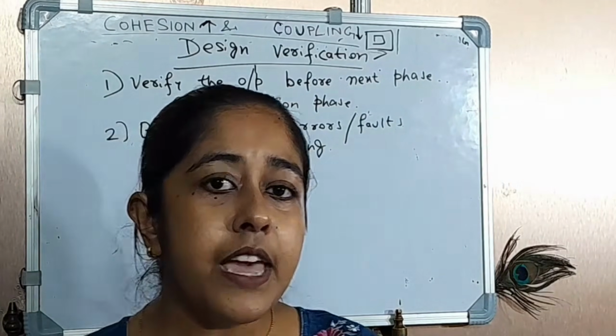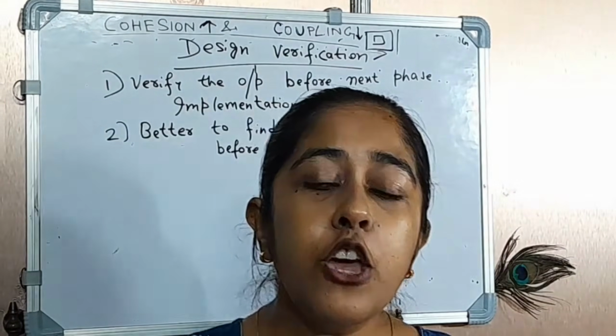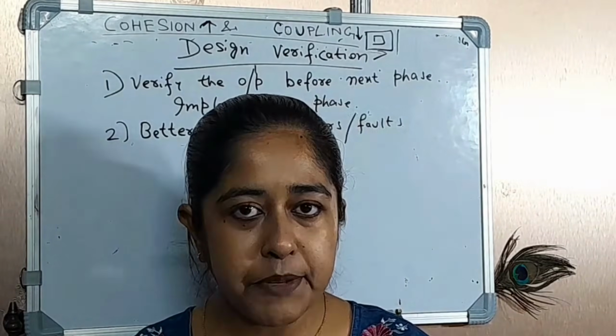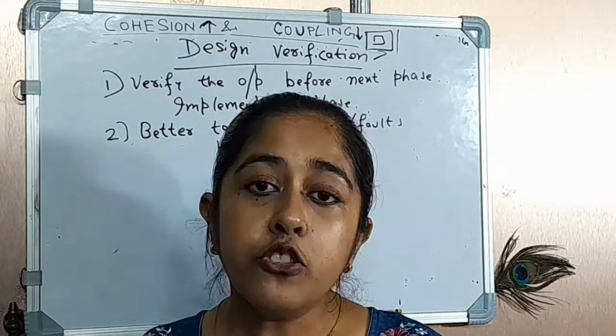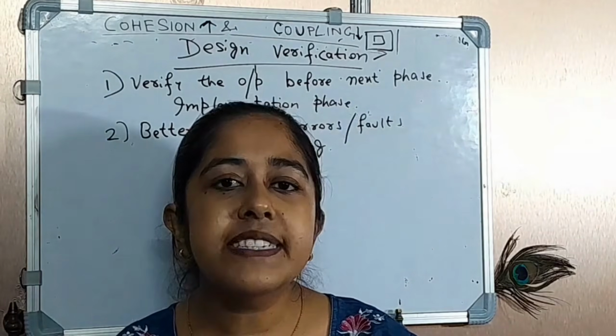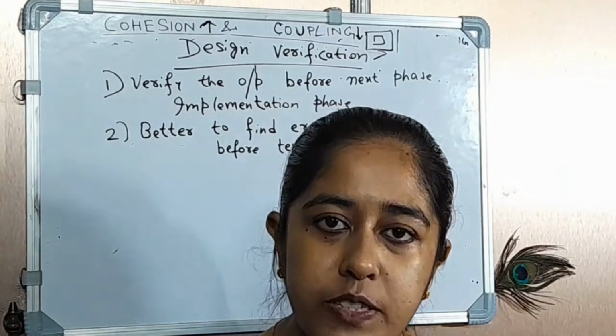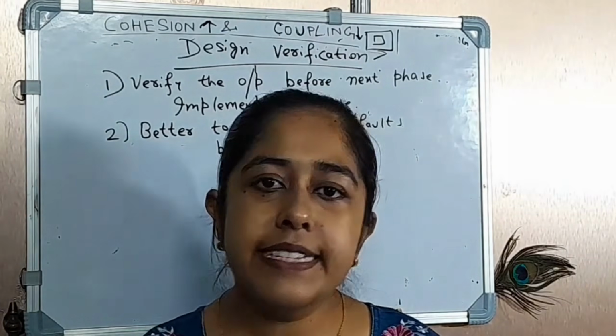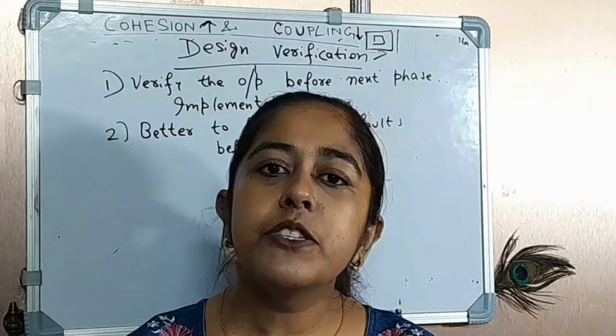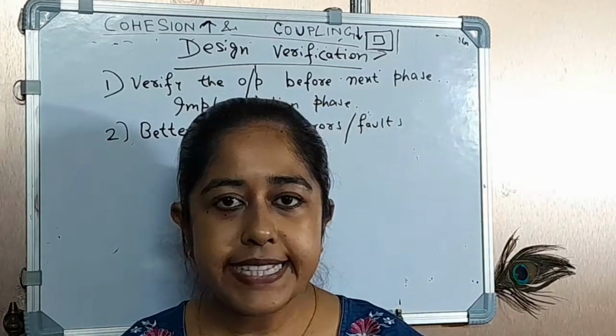When you are going for the testing phase, you are going to have the implementation, that is your coding phase. So before the testing phase, you have to clarify all kinds of errors or faults present in your designing phase. That should also be checked before the testing phase.